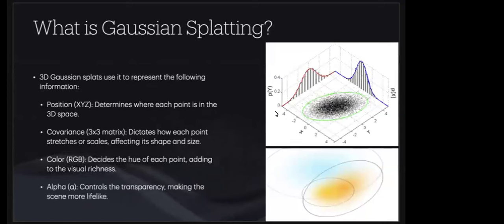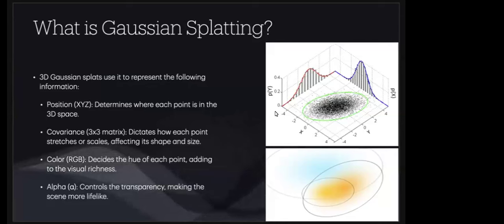So in this case, instead of triangles, what we're using are Gaussians. So this is a single rasterized Gaussian with a border drawn for clarity. The 3D Gaussian is represented using three pieces of information. First is the position, XYZ, which determines where each point is in 3D space.